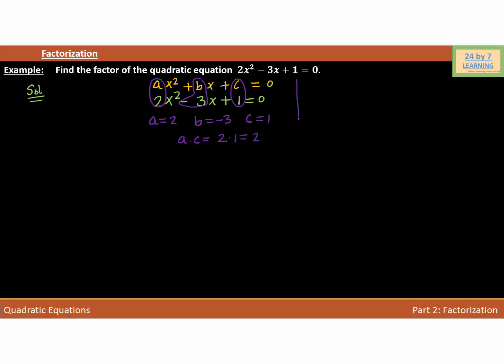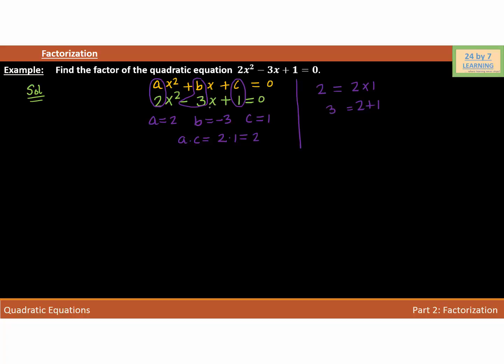So what I need to do is find the factors of 2, and when we multiply those factors, I need to get the sum of those factors as 3. So the factors of 2 can be 2 times 1, and 2 times 1 is basically 2, and if I add 2 plus 1, that is basically 3.